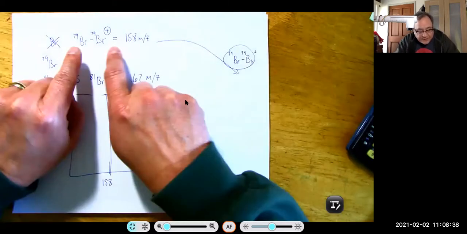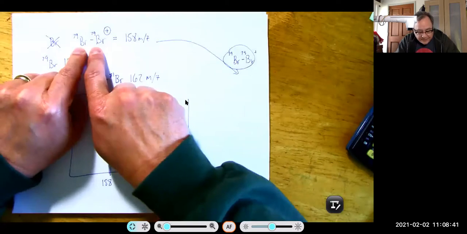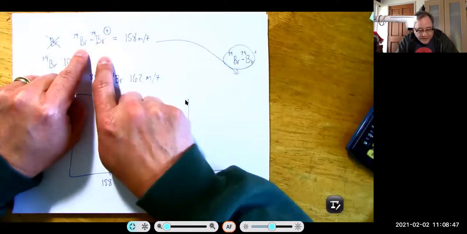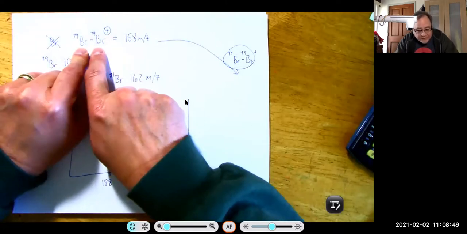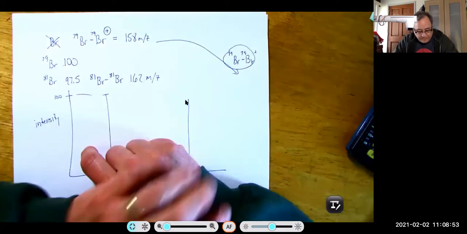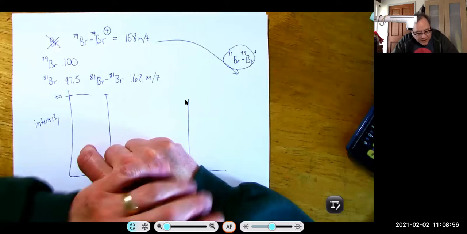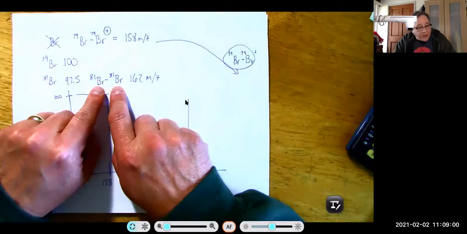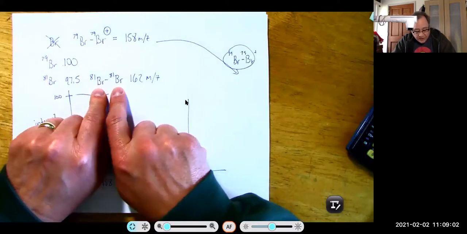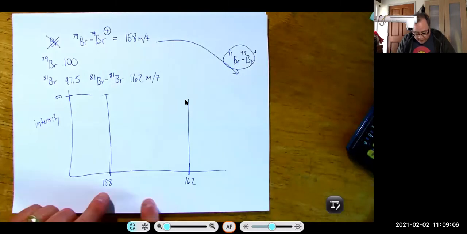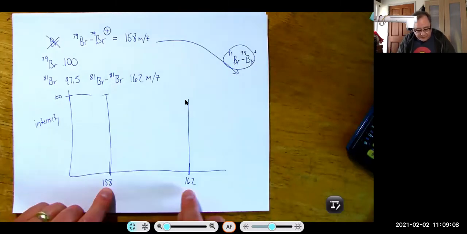If there's two 79s and it turns into an ion with a +1 charge, we expect that this guy should weigh 79 plus 79, 158. But there's this other isotope, and maybe you could have two bromine 81s combined together, which would weigh 162. So we have a peak at 158 and one at 162.